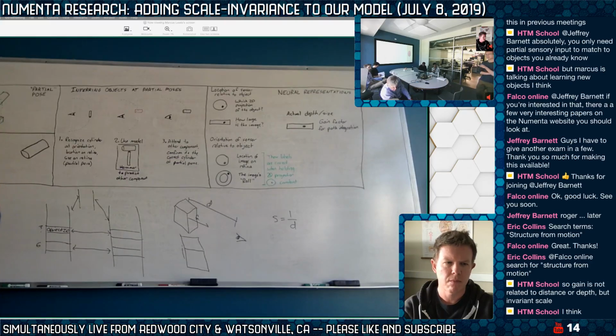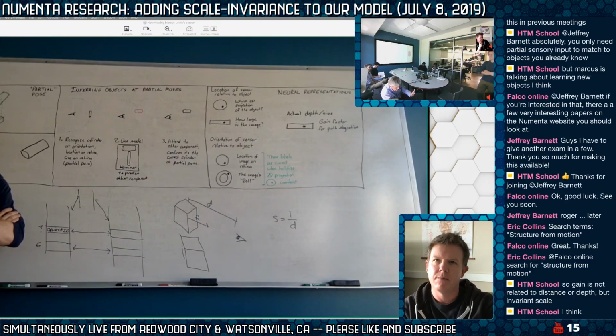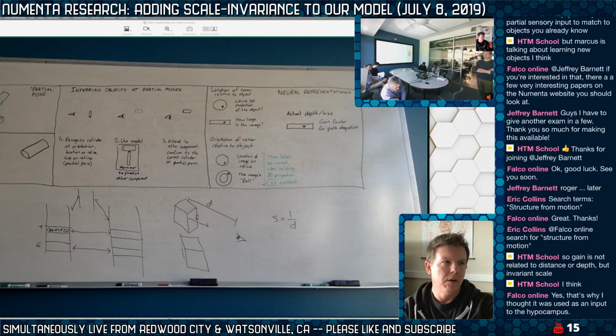It seems to me that the scale factor comes into play when I see a learned object at some distance, because I know the distance. You've worked on this theory without assuming I know the distance, saying, hey, I don't need to know the distance. But I do know the distance. I've argued this before.